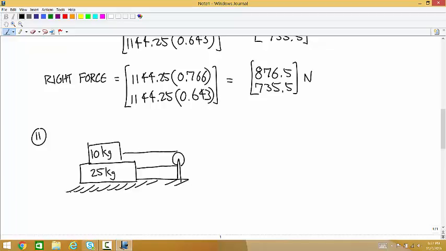And at the instant shown, the top block is sliding to the left. So this has a velocity that way. This one has a velocity that way.